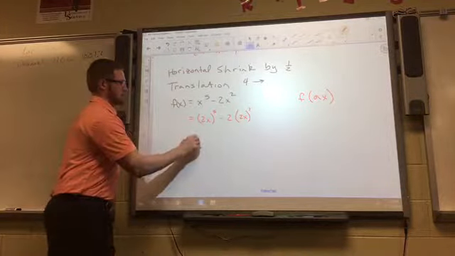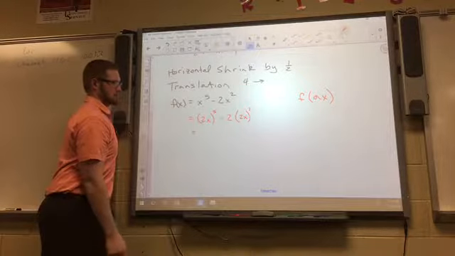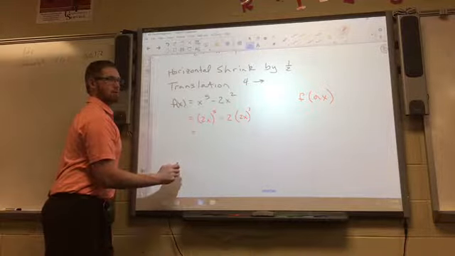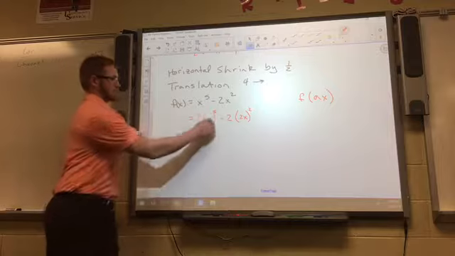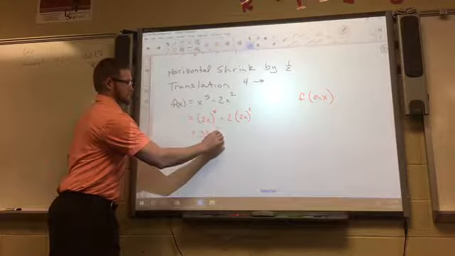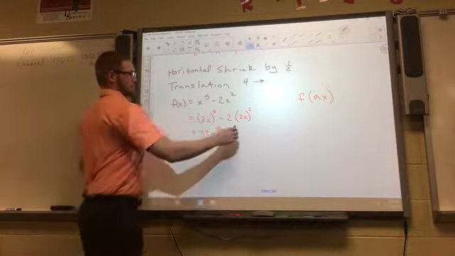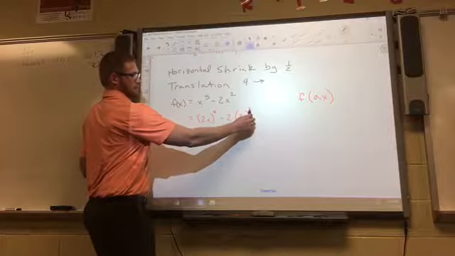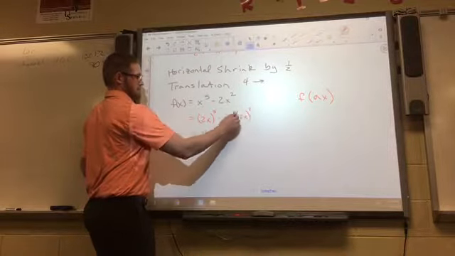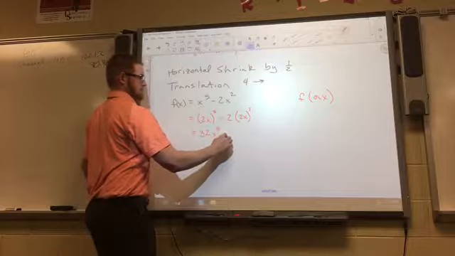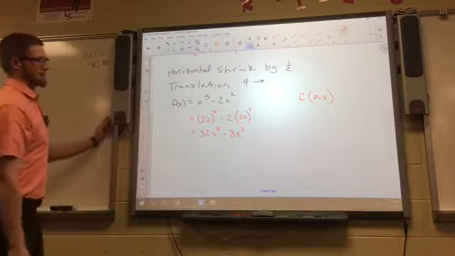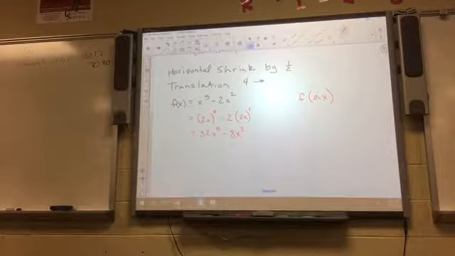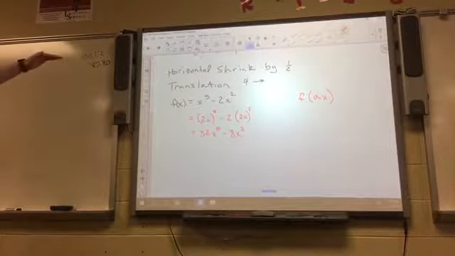So I get 2 to the 5th, which is 32. x to the 5th is x to the 5th. 2 squared, 4 times negative 2, negative 8x squared. That took care of the horizontal shrink.